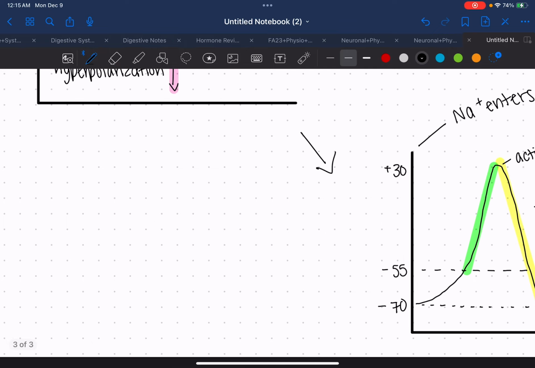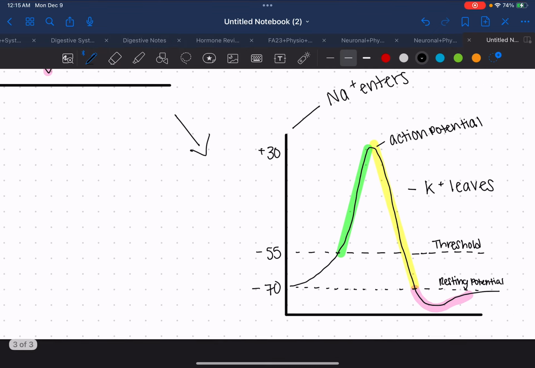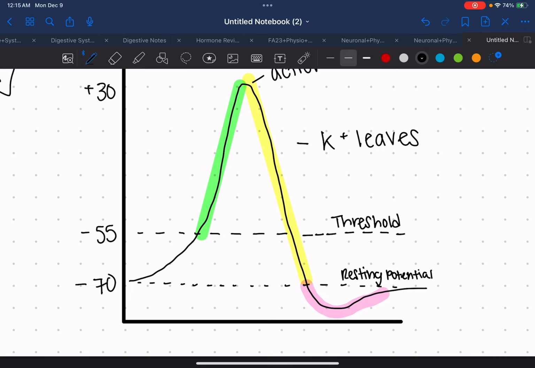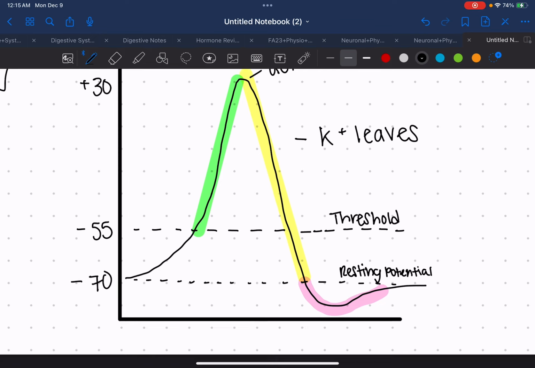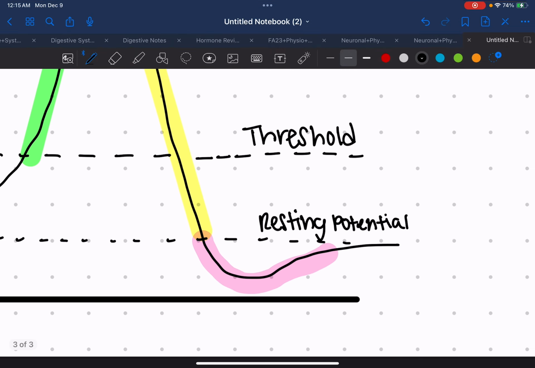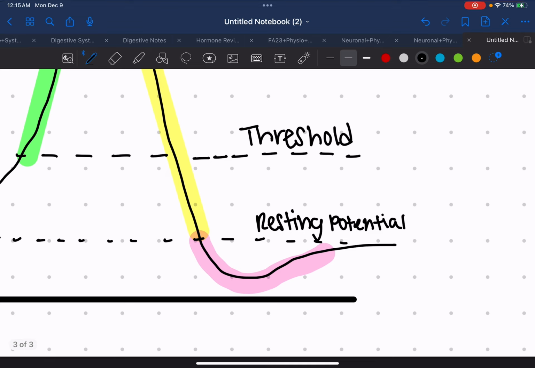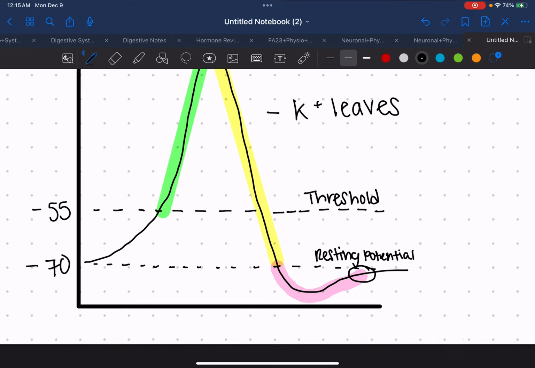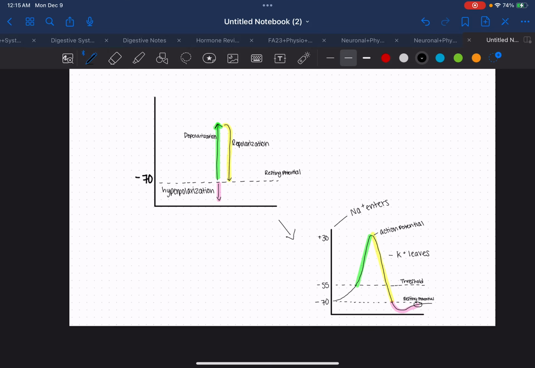But we keep going down to hyperpolarization, when K+ channels have not yet closed but are slowly closing, and then once we're back up here, they're fully closed and we are back at -70.